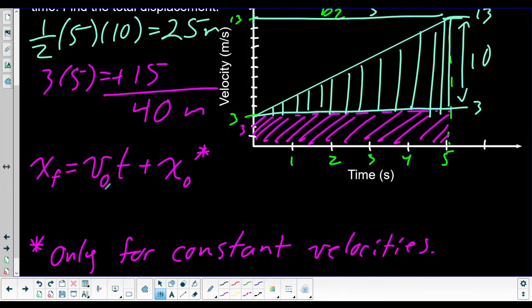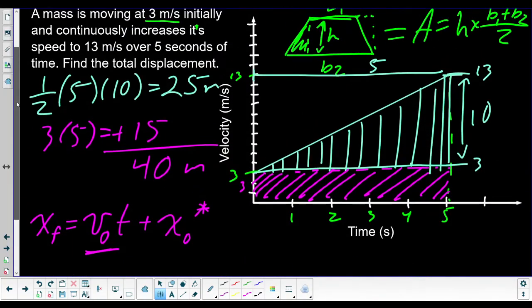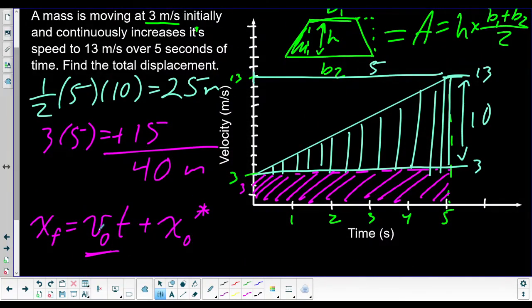If you plug in initial velocity of 3 times the time that we're traveling for, 5, that's 15, and then we don't even know what our initial displacement is. You only get this chunk right here. What you're finding with this is this little piece here.